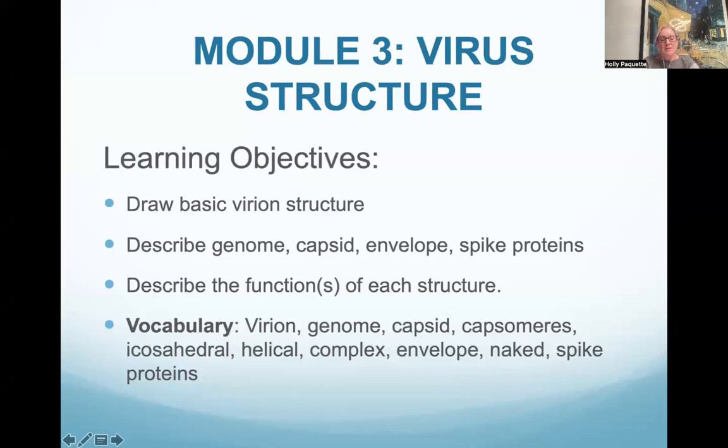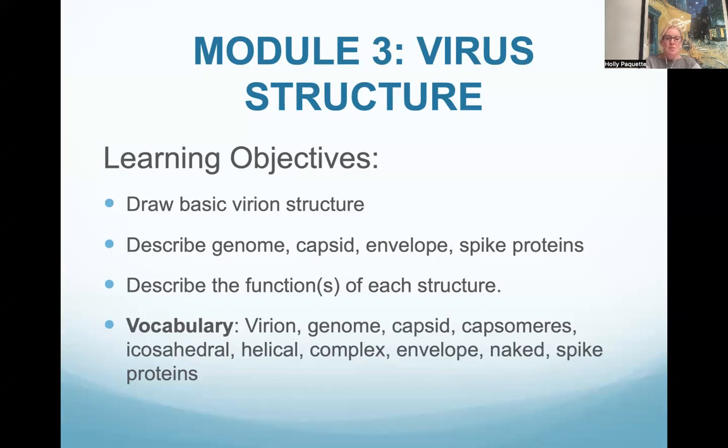The learning objectives for this particular mini lecture is that you should be able to, at the end of this, draw a basic virion structure. I'll draw one on my whiteboard so that you kind of get an idea of the basics of it. I also want you to be able to describe the genome, capsid, envelope, and spike proteins.